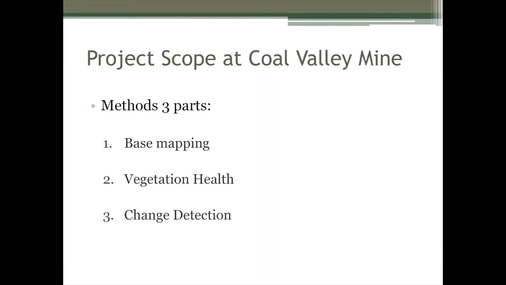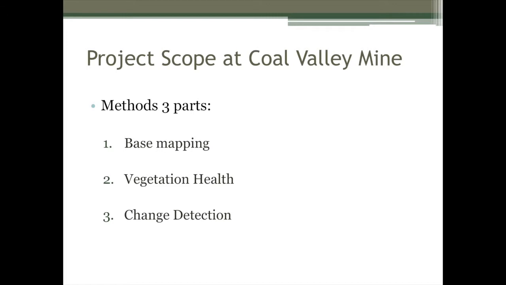There's three parts that my study focuses on. One is base mapping, second is vegetation health, and the third is change detection. Base mapping is where we take multispectral data and analyze and categorize it so that we have something to compare back to. What was it before it was disturbed? We can use multispectral data to do that.